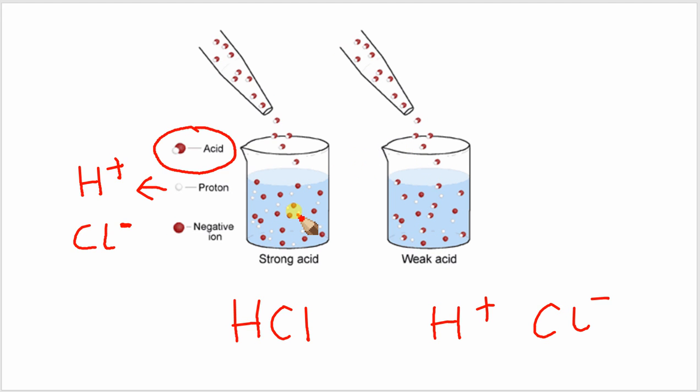With an exception, we notice that the strong acid has more of the hydrogen ions free in solution. So what's happening is this acid molecule is splitting into its positive hydrogen ions and also its corresponding negative ions, and the strong acid does that more readily than the weak acid. So the weak acid, you can see some hydrogen ions, but there are fewer of them.